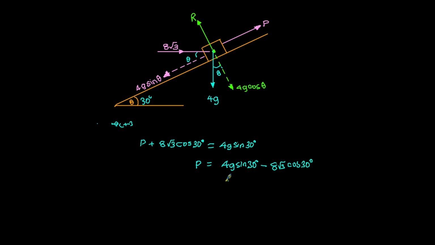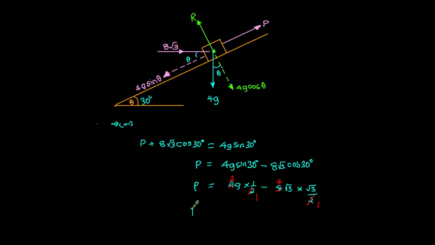So we know sine 30 is a half, so we can substitute here 4g times half, minus 8 root 3, and cos 30 is the same as root 3 over 2. So we notice that these two cancel and reduce this by 1, 8 goes 4 by 2, 1 by 2, also 2.